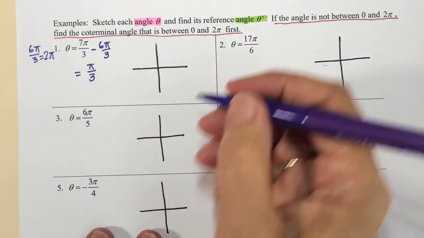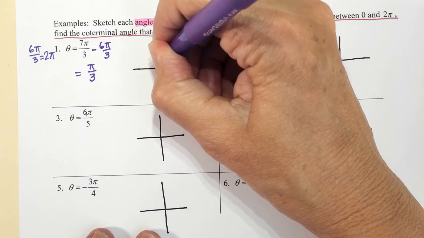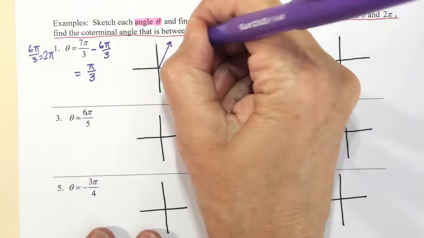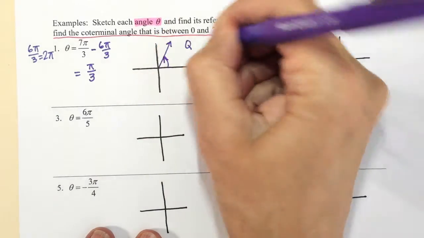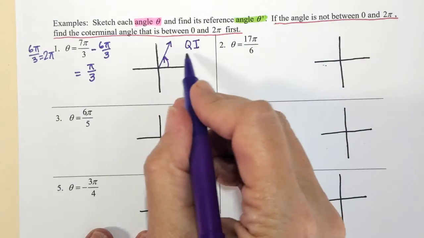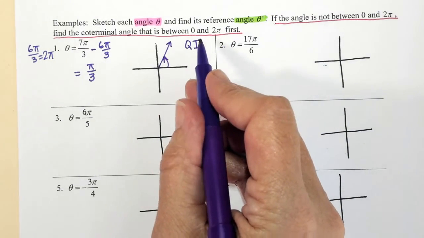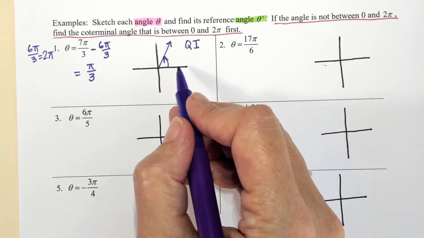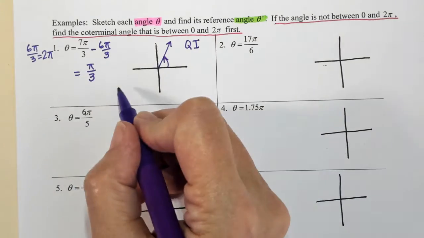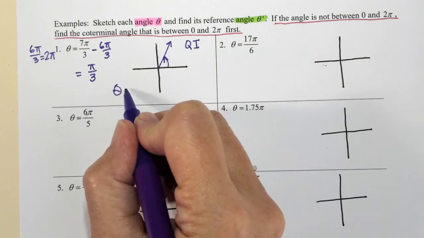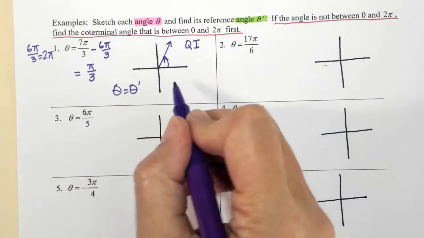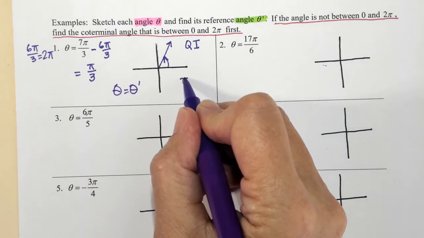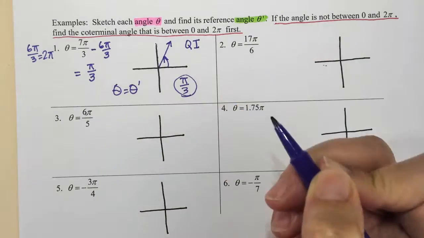So pi over 3 falls about right here. So this is in quadrant 1, and if our angle falls in quadrant 1, then the reference angle is the same as the original theta. So in this case, theta equals theta prime. So it's pi over 3.